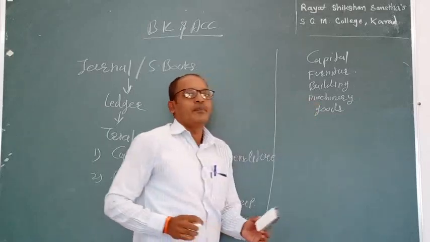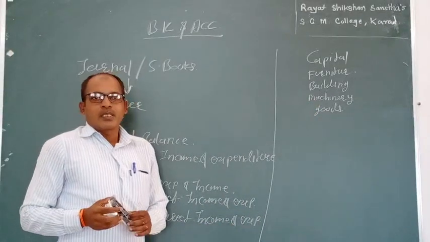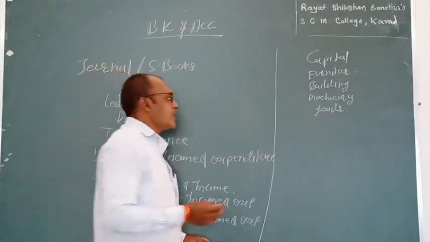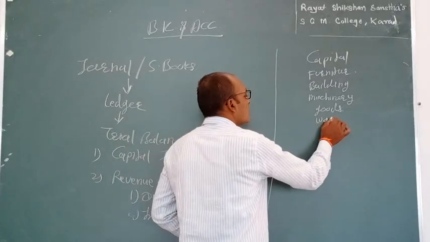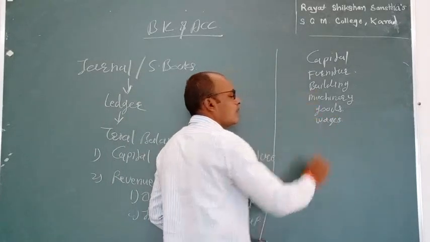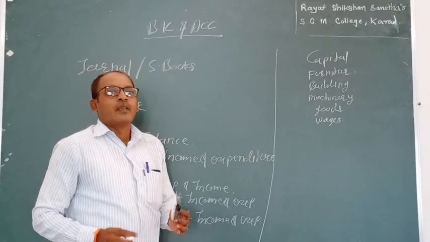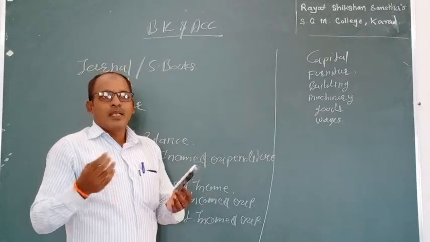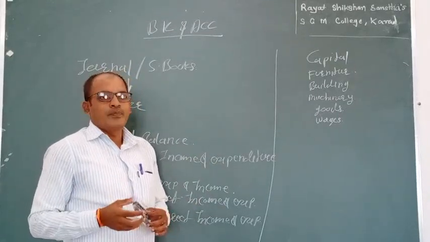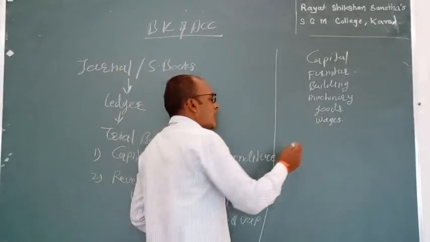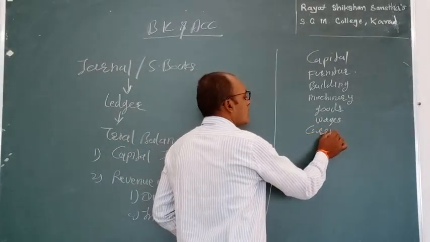Then in that factory workers are appointed, so the remuneration paid is called wages. Then when raw material is brought to the factory, the traveling expenses paid are called carriage.